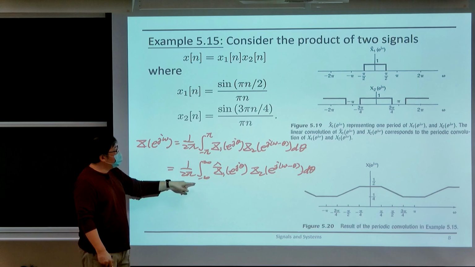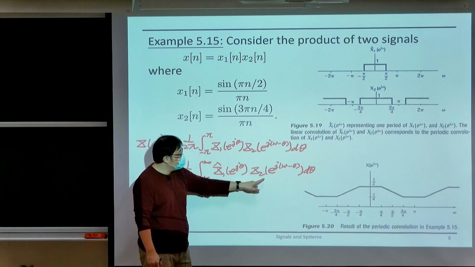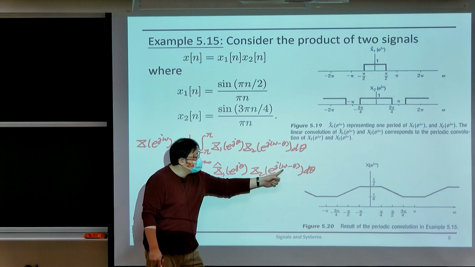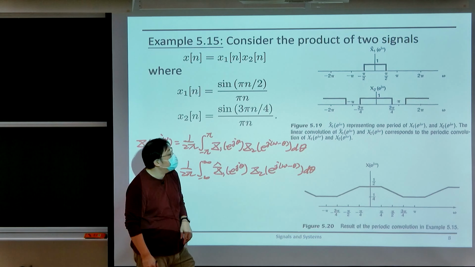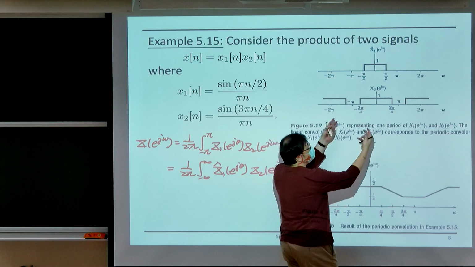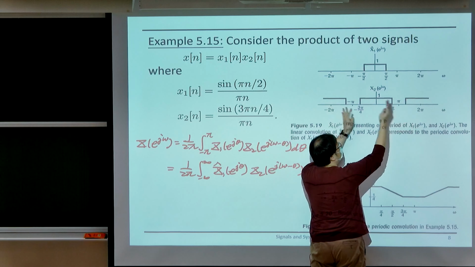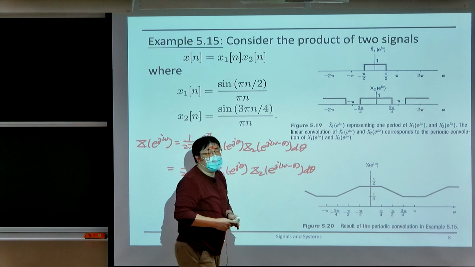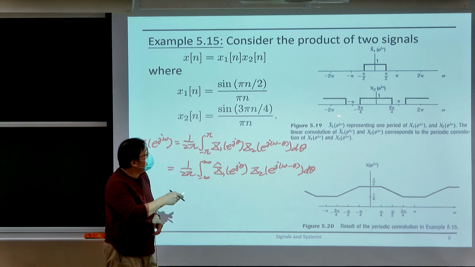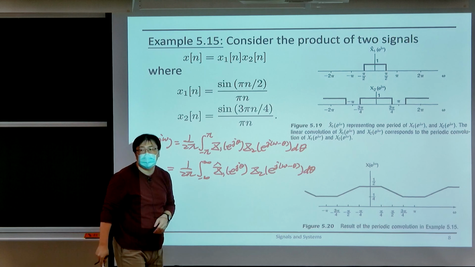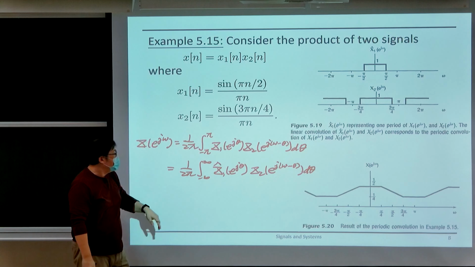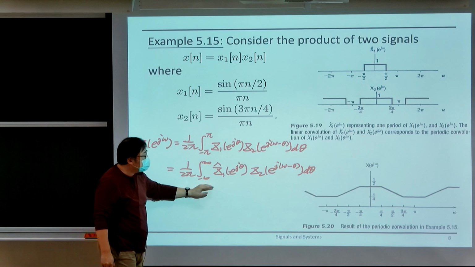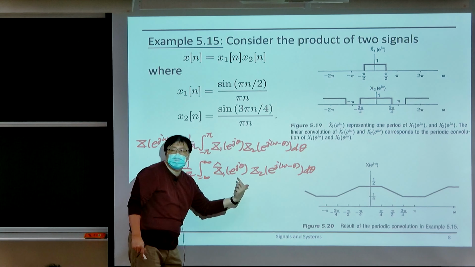And even more, if you write it in this form, you're actually sliding x2 over x1 hat. So you have to take this periodic signal, flip it around, and then slide it through x1 hat. But this can be very confusing because of all of these replicas that you need to deal with. But by this conventional convolution formula, you can flip this around without changing anything.